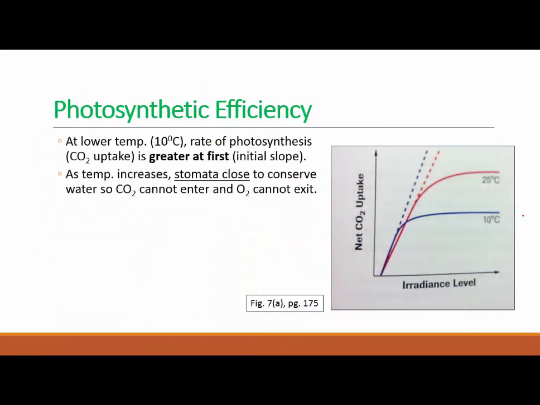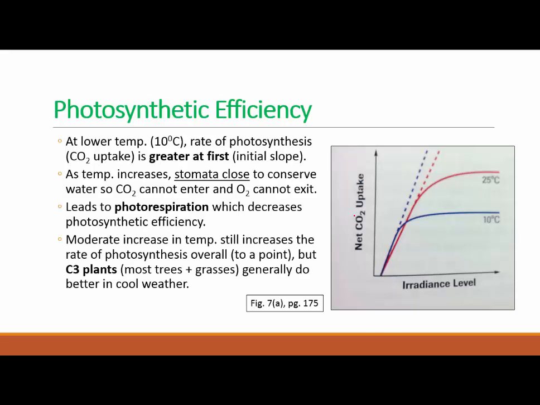However, we do see that at higher temperatures, we still get an increase in the rate of photosynthesis, because the negatives are outweighed to some extent by the benefit that you get with higher temperature and more enzyme movement and stuff like that.